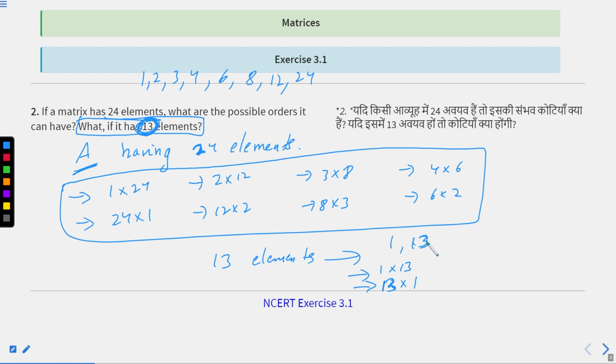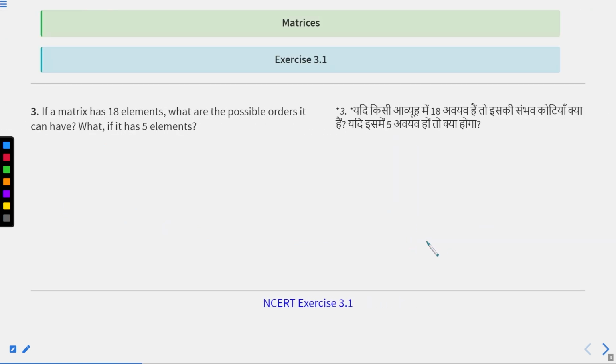Now let us move next. If a matrix has 18 elements, what are the possible orders? First of all, find all the factors: 1, 2, 3, 6, 9, and 18.